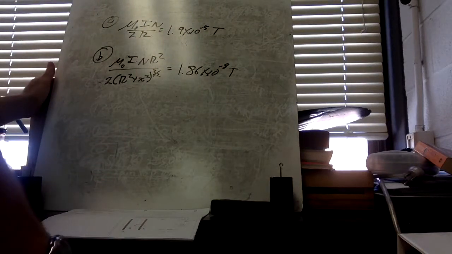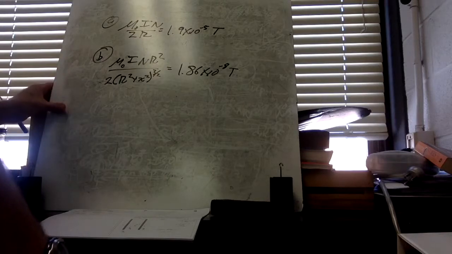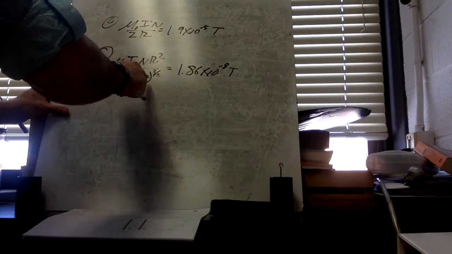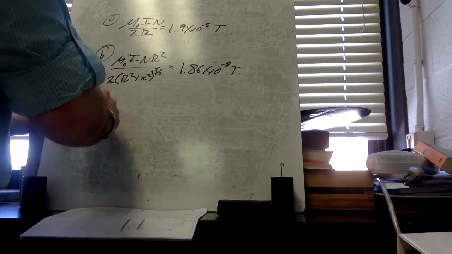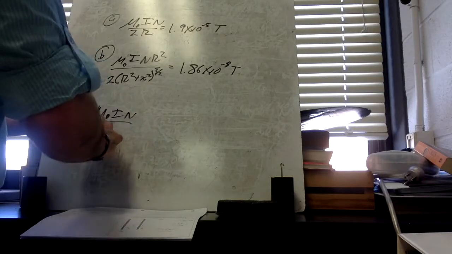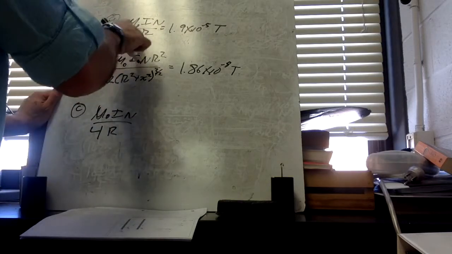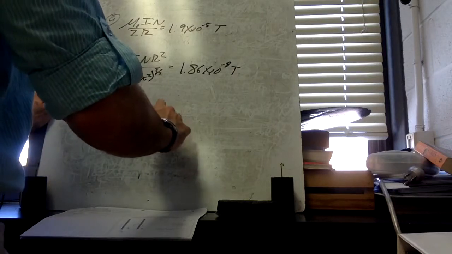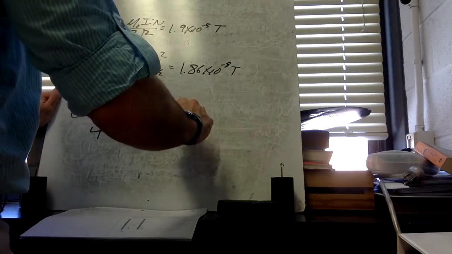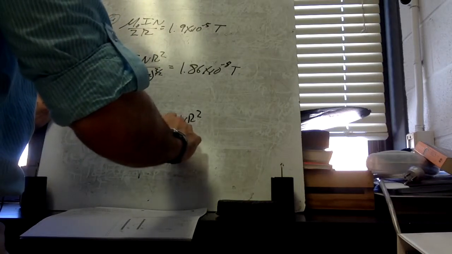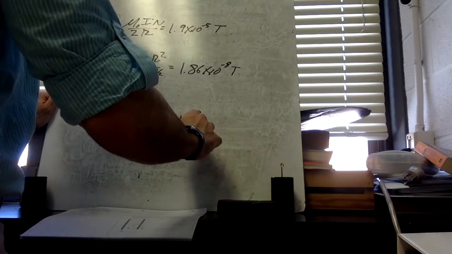And then we want to know the location where the magnitude is half of the answer in part A. In other words, where is this? Then it's half of this, so this is going to be mu naught I n over 4r. So this is half, so the 2 gets multiplied: mu naught I n over 4r equals mu naught I n r squared over 2 times r squared plus x squared to the 3/2.